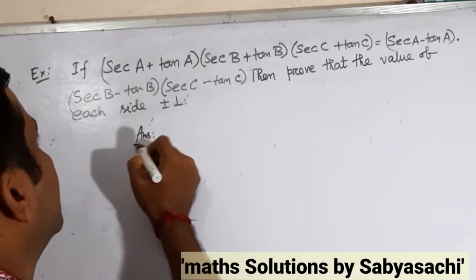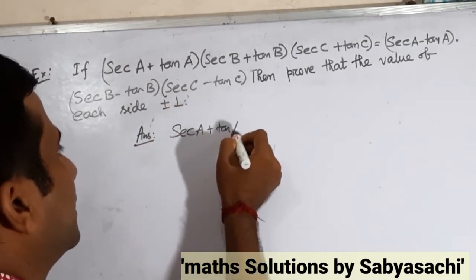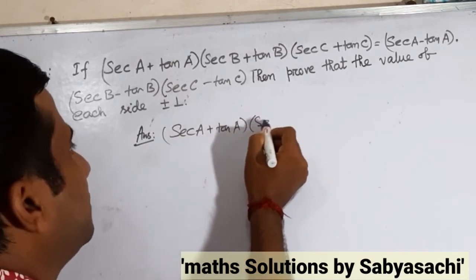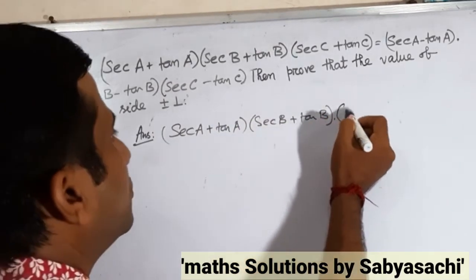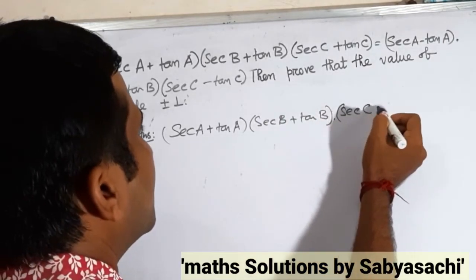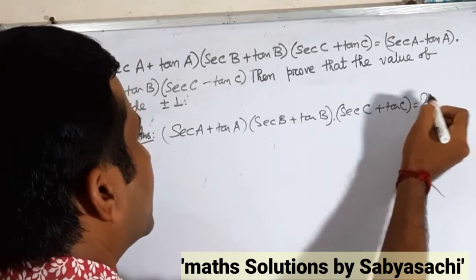Answer. This, (sec A + tan A)(sec B + tan B)(sec C + tan C), is equal to x.